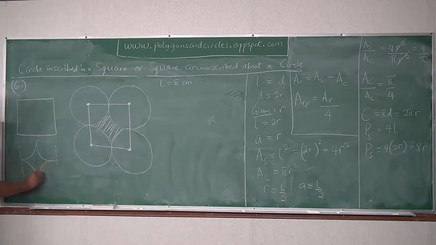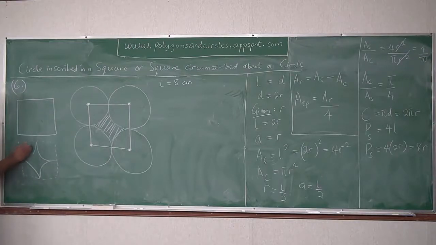These four quarters make up a circle. So that the remaining is this. The four quarters make up a circle.